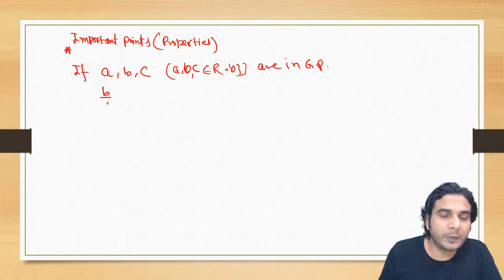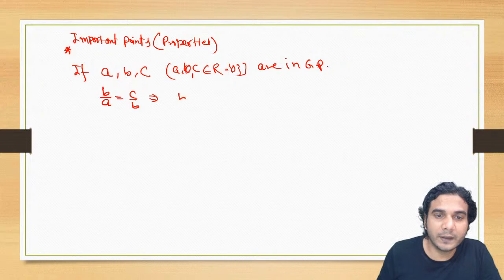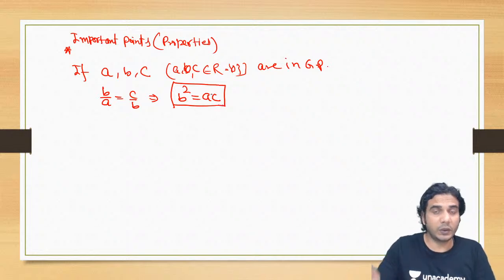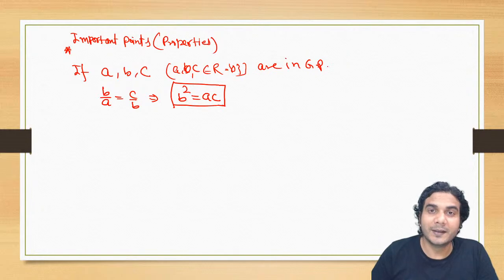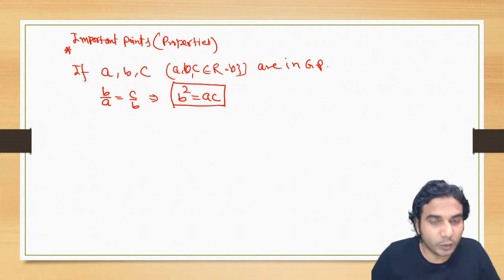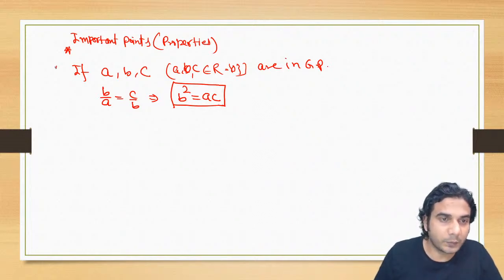You can write B upon A is equal to C upon B. Then this will give you the relation B square is equal to AC. Like in AP, if 3 numbers A, B and C are in AP, then you write 2 times the middle term is equal to first plus last. But in GP, the square of the middle term is equal to first into third. So B square is equal to AC. I hope it is clear. So this is the very first point.